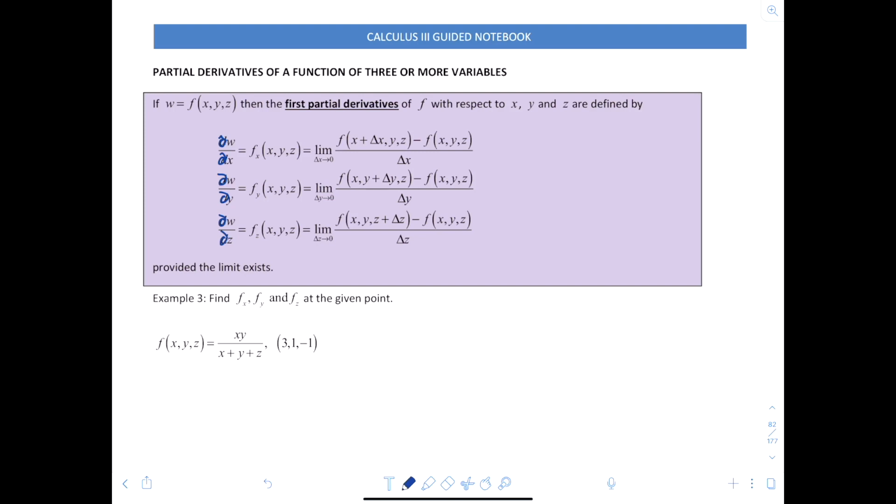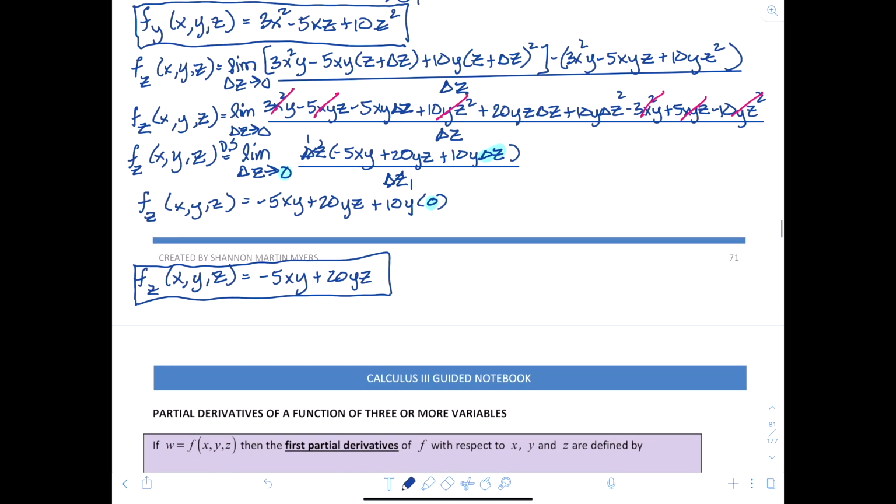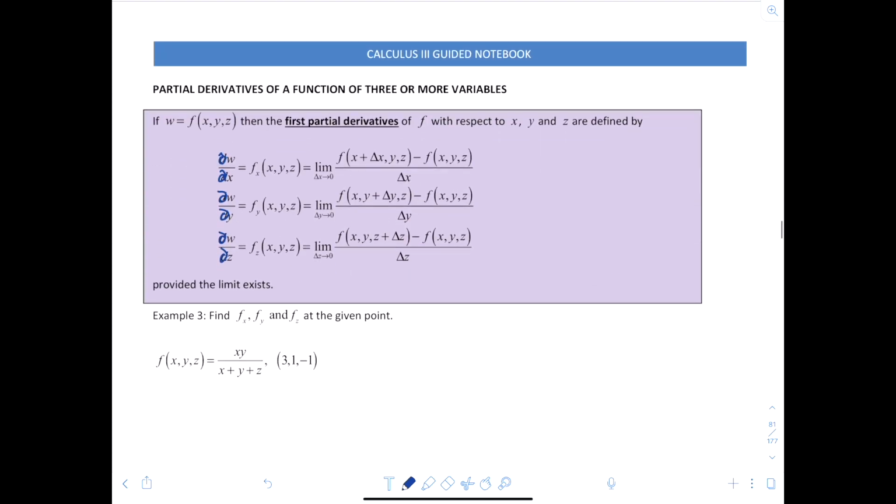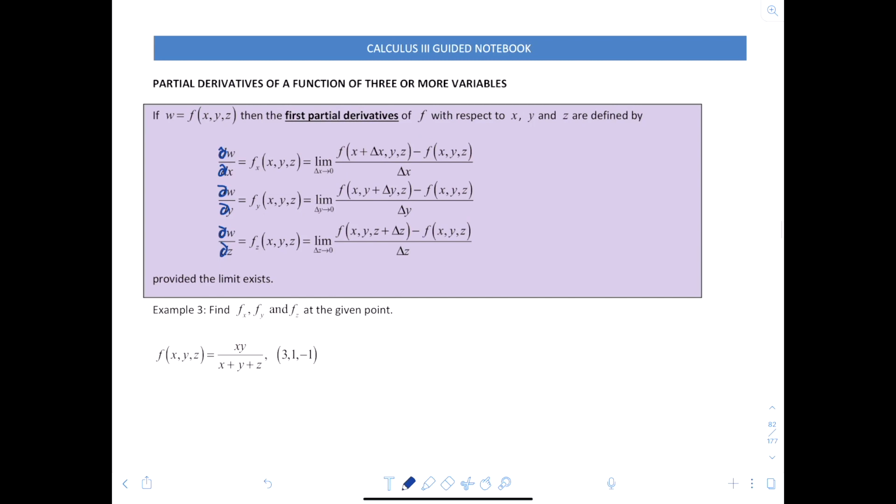So if you've got w equals f of x, y, and z, then the first partial derivatives of f with respect to x, y, and z respectively are defined by all of these here. So remember, that's what we were doing on this last problem. I should have done that definition first, okay? So it does extend to 3 or more variables, right?